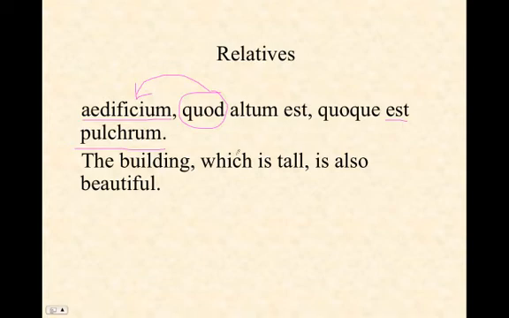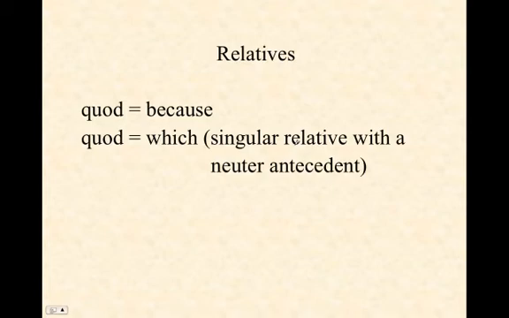So the building which is tall is also beautiful. Now, you noticed quod is a very common word which means because. Keep in mind that same exact word, same pronunciation, same spelling can also mean which when it is the singular relative with a neuter antecedent.